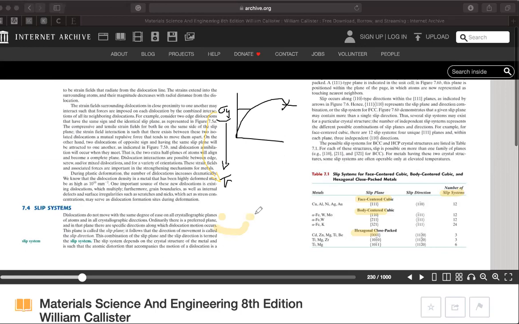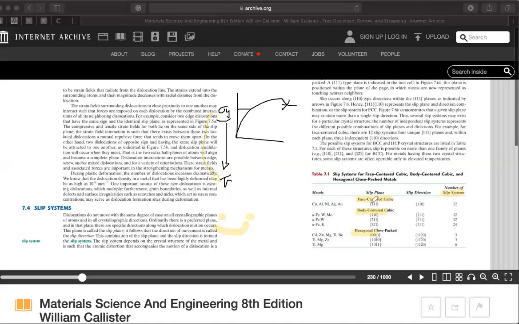To do so, the preferred slip planes will be the planes where the atoms are close to each other. This is why in a previous chapter we talked about planar density and linear density. So for each crystal structure, the slip plane will be the plane where the atoms are closer to each other.